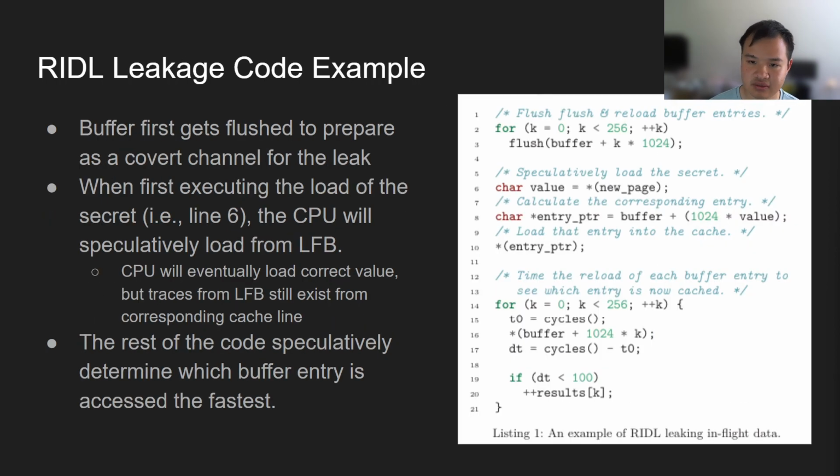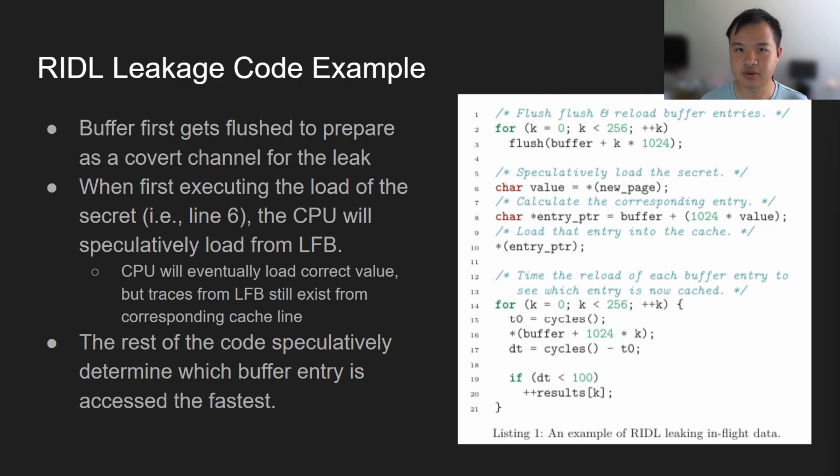Now, here's a snippet of code that showcases how this RIDL attack works. First, the buffer gets flushed completely so that it can be prepared as a covert channel for the leak. Then, when you execute the load of the new secret, the CPU speculates, so it actually speculatively loads information from the LFB.